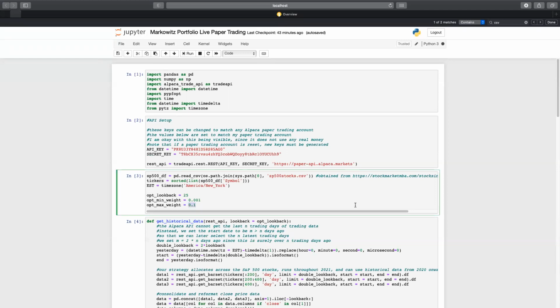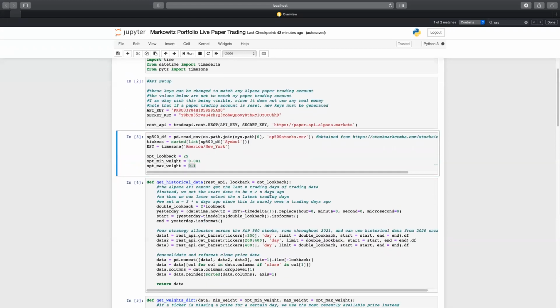So in this notebook, I'm actually implementing my strategy, not just in a pandas data frame, but actually in my Alpaca paper money account, right? And so here I have a function to get the past 25 days of data in order to calculate the weights for today.